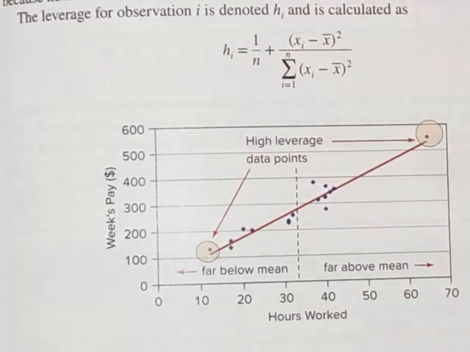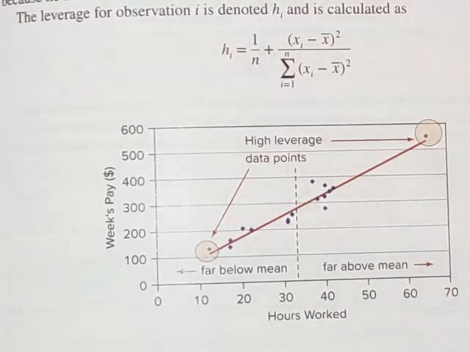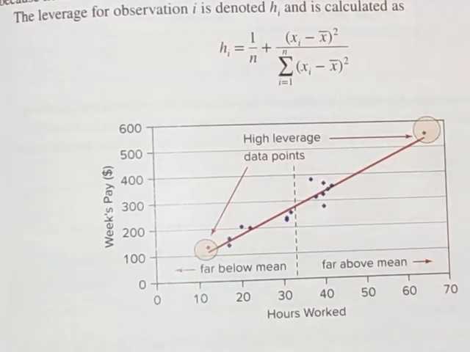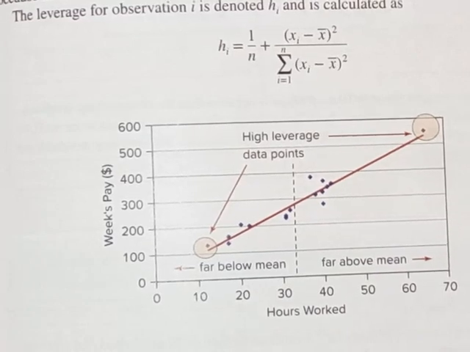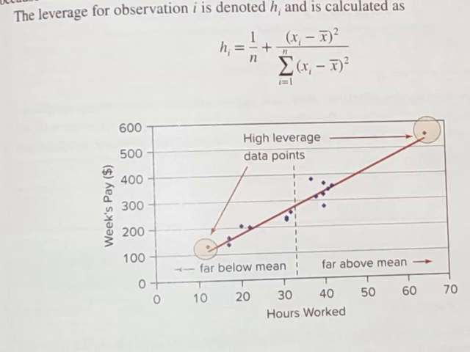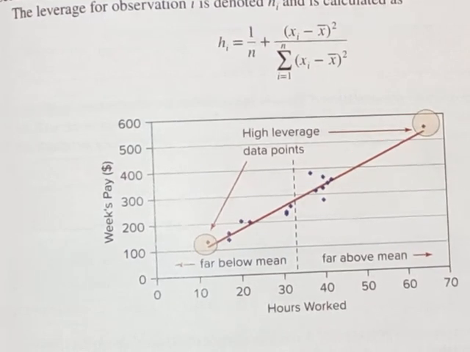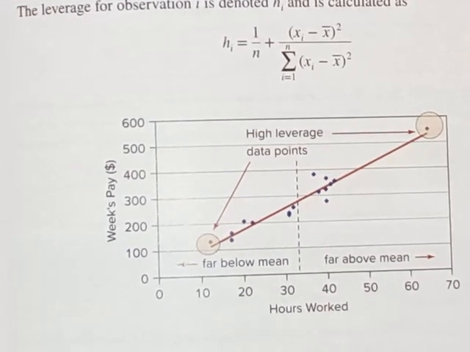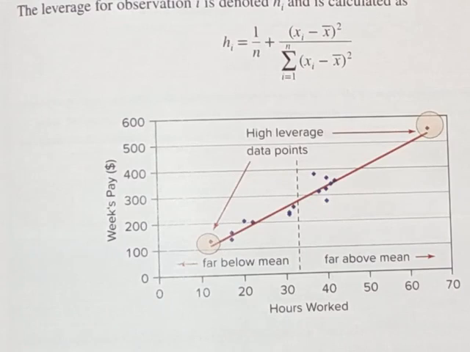Now, they actually tell me that when leverage is above 4 divided by however many things you've got. In our problem with the airplane speed, we had 61 different values. What's 4 divided by 61? 0.066.